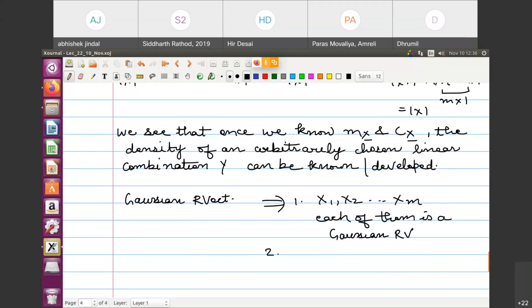The second part, which is the most important, is that every linear combination must give you a Gaussian random variable. This may not be satisfied in a few cases, which we will see. That is what I wanted to highlight: if we do not go somewhat deeper into the definitions, we might assume something faulty, incorrect or incomplete.